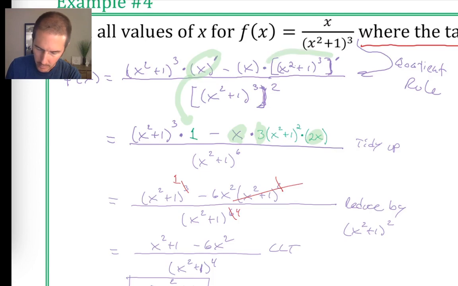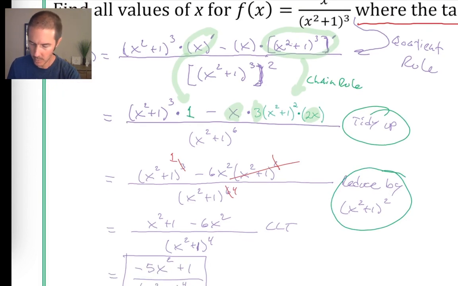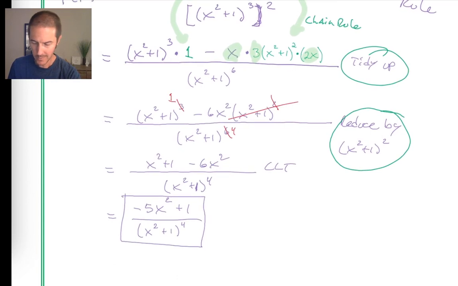But here, we had to use the chain rule. So if you want to put a little note on that one, chain rule. And from there, it was algebra. Really just tidying up here by multiplying some factors together. Here, reducing by a common factor from all of our terms, and then combining like terms. And that was it. So don't let these overwhelm you.